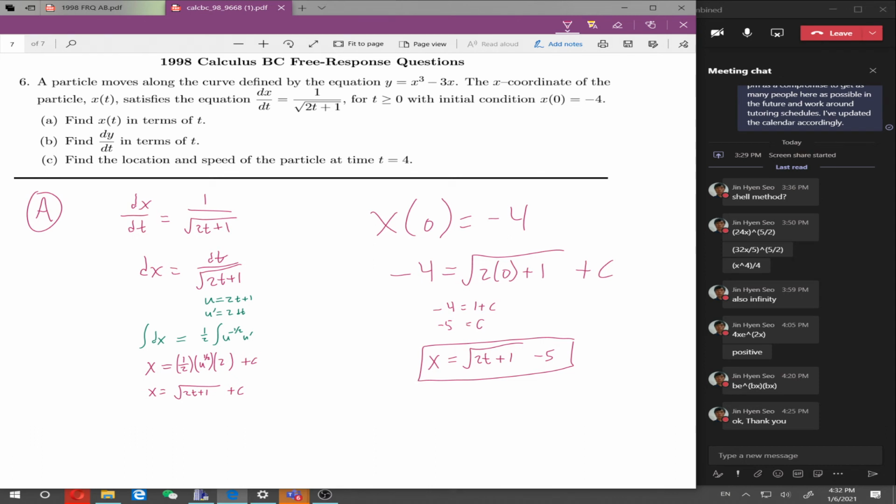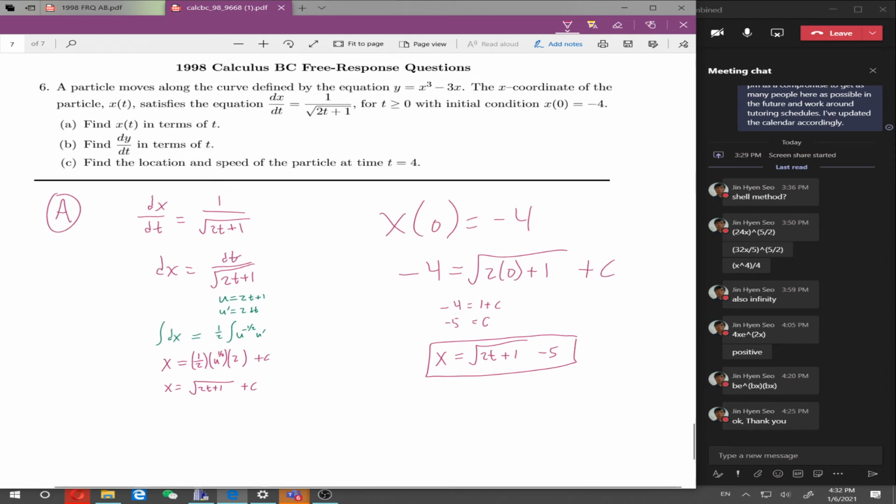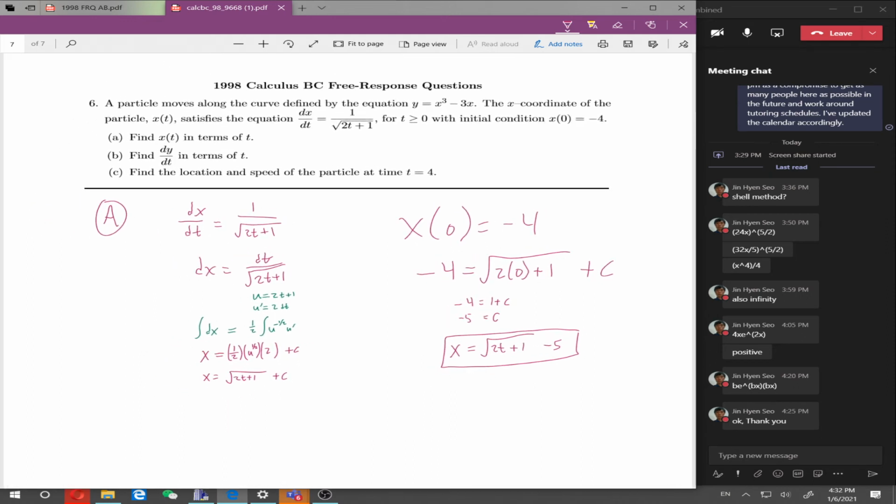Okay. Moving to B. I want to find dy over dt in terms of t. We were given y is x cubed minus 3x.